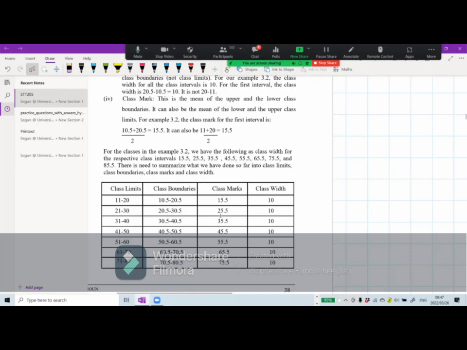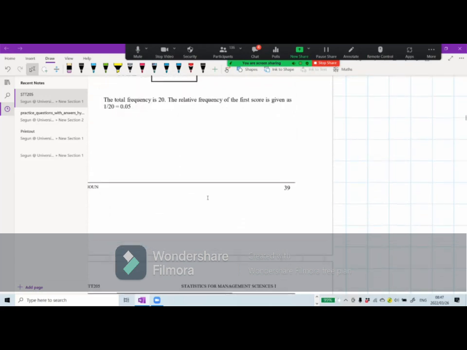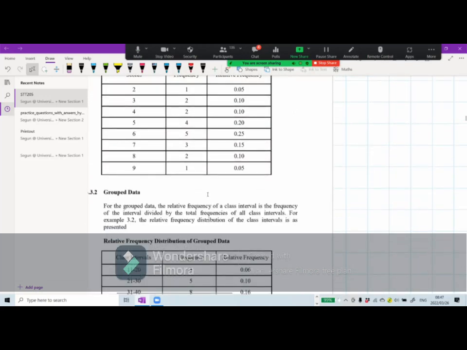So the same thing they call class midpoint is the same thing they call class mark. Please take note of that. Class mark and class midpoint are the same. The examiner can ask you to calculate the class mark or class midpoint of a particular data. Then the class width is the difference between the two.